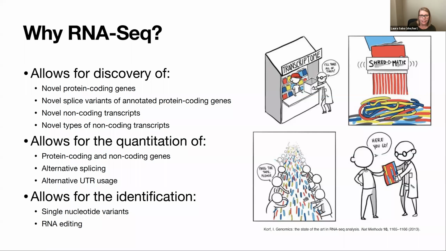So that was why RNA. So why RNA-seq? It's super popular now. There's not a lot of convincing people that it's valuable, but one of the things that has had a profound impact on what we do is that not only can we do this quantitation of protein coding genes like we've been able to do in the past with a microarray, but now we can also do it for a variety of non-coding genes.